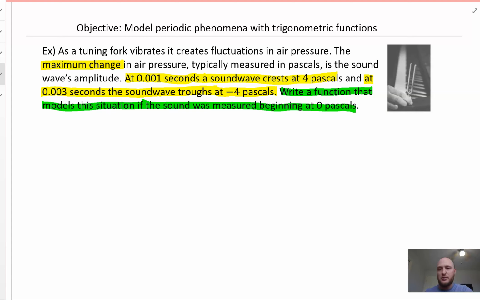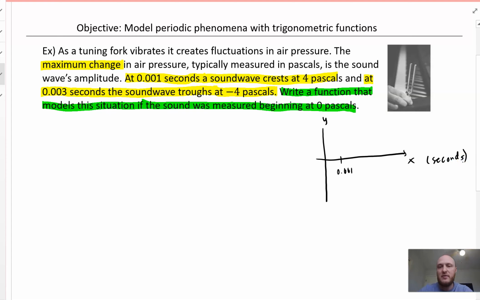So what I'm going to do is draw a y-axis and an x-axis. I'm just going to take the information that they give us. They say at 0.001, so I'll say this is 0.001, and this is seconds.